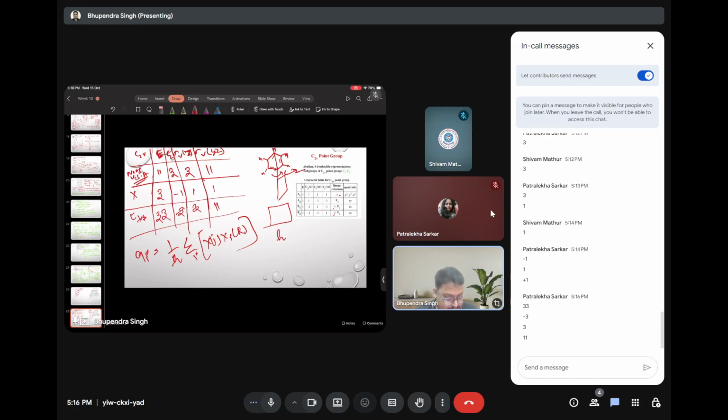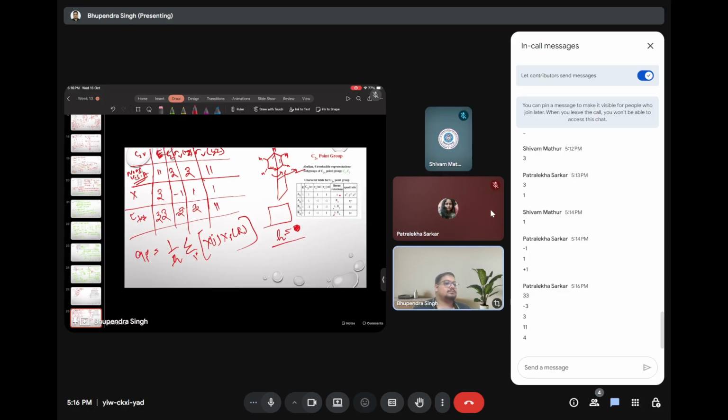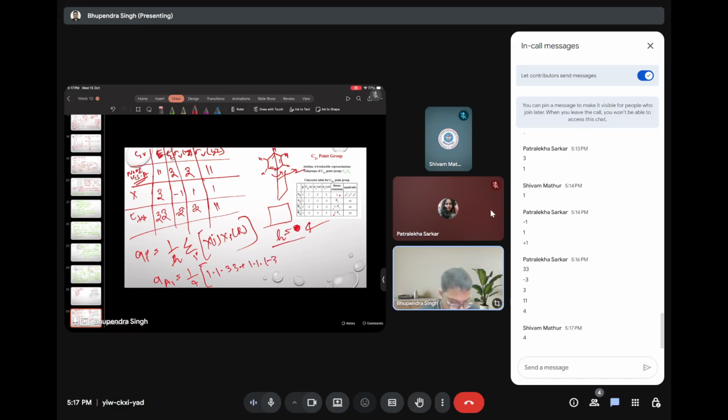So what is the order here? h. Order is 4. So for A1 it is 1 by 4, times 1 into 33 plus 1 into minus 3 plus 1 into 3 plus 1 into 11.